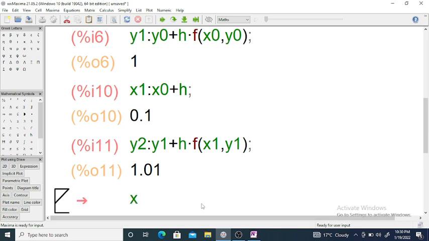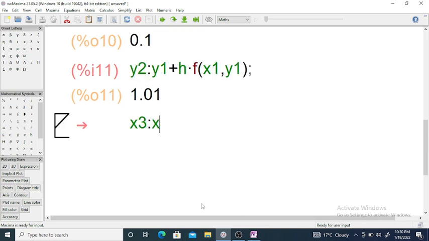Similarly, next we want to determine x2, which is x1 plus h.